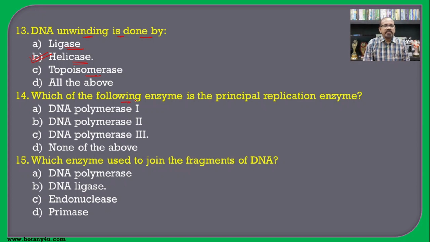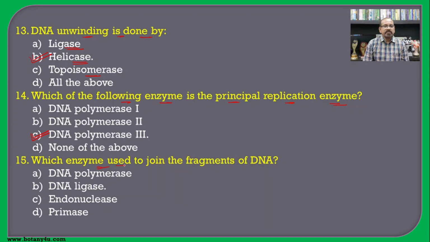Then, which enzyme is the principal replication enzyme out of the three different types of DNA polymerases? The process of DNA polymerization is mainly carried out by DNA polymerase 3, and hence it is known as the principal enzyme for DNA replication.